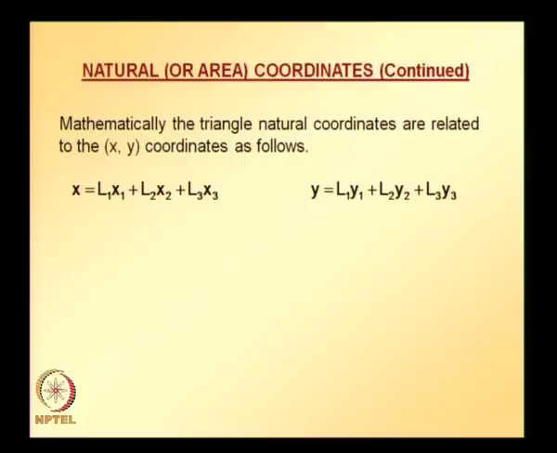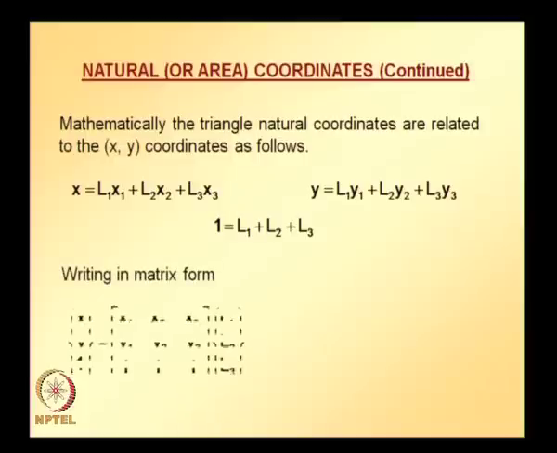So, we have three relations. One is L1 plus L2 plus L3 is equal to 1. The second relation is x is equal to L1 x1 plus L2 x2 plus L3 x3, and the third relation is y is equal to L1 y1 plus L2 y2 plus L3 y3. We can write all these three equations in a matrix form.